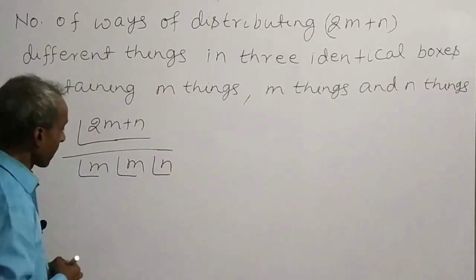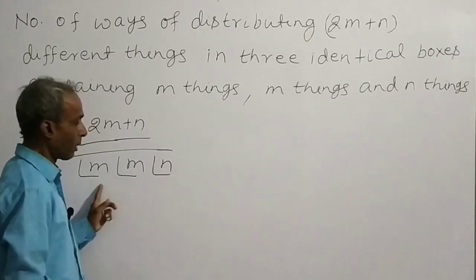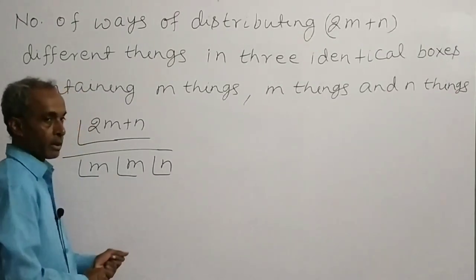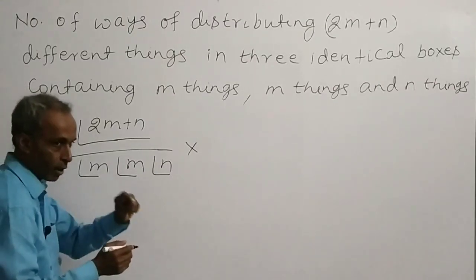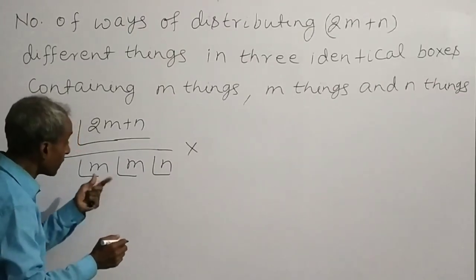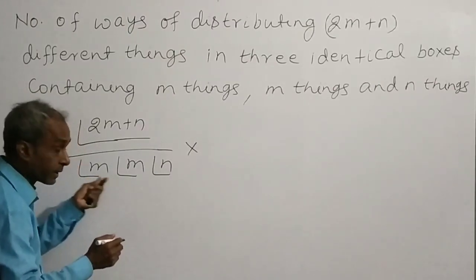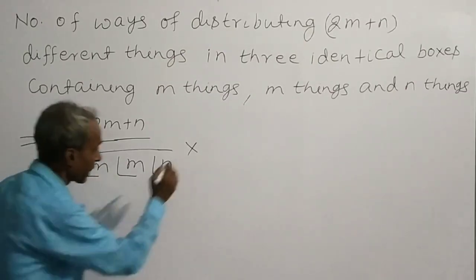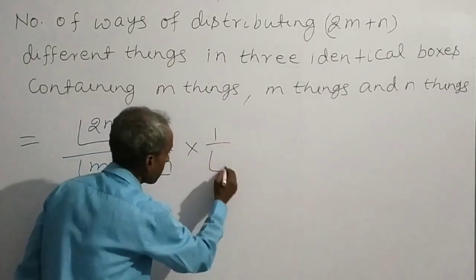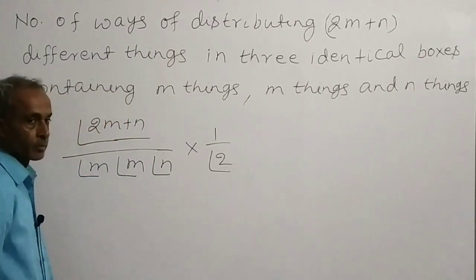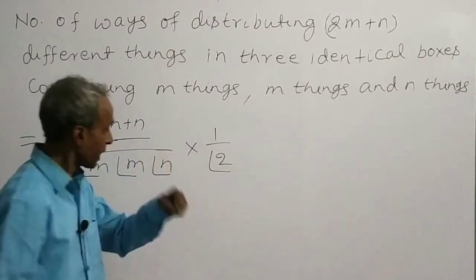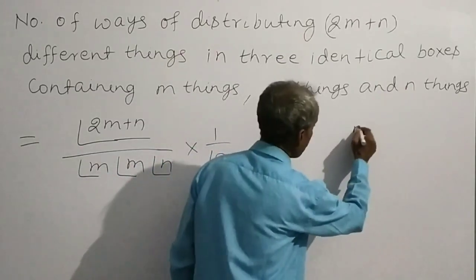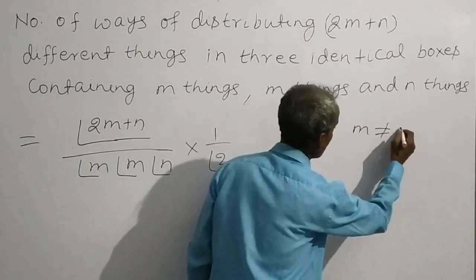We observe that the number of things in 2 boxes are equal. Therefore, we will divide by factorial 2. In writing this result, we have assumed that m is not equal to n.